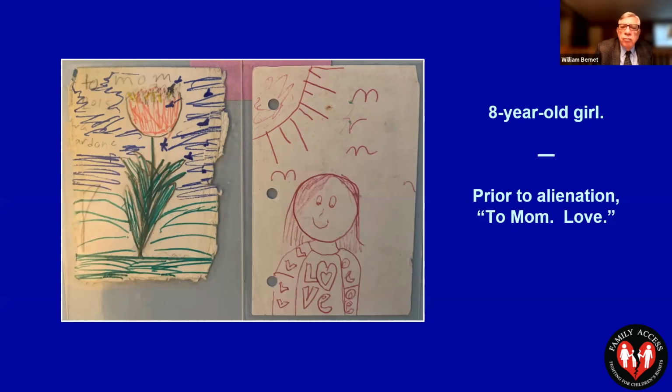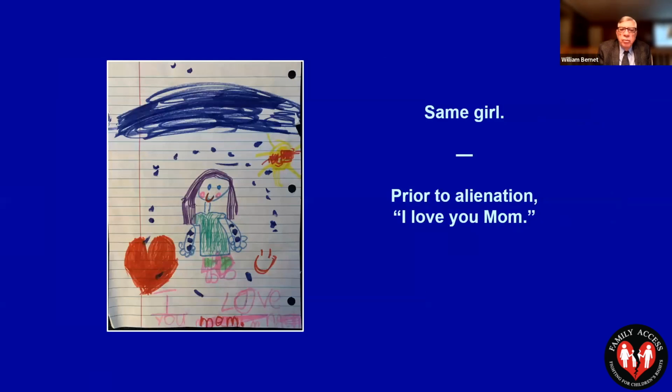And then there's a picture of mom and a picture of the child, and it says love on it. So that's okay. So here's another one. Happy picture. I love you, mom, and so on. So this is the typical sort of affectionate picture between the child and the mother.